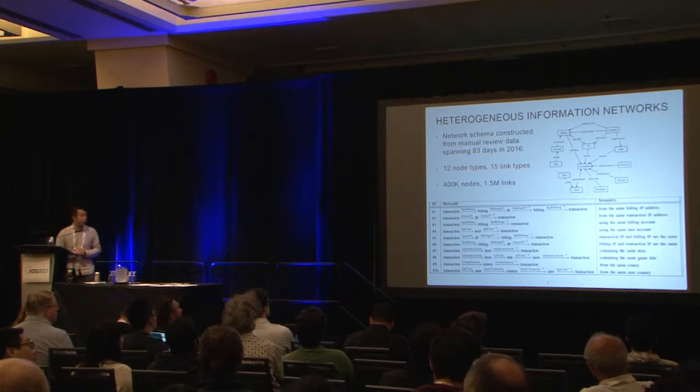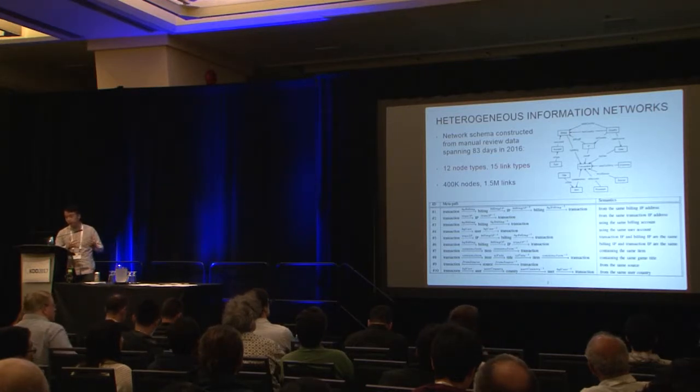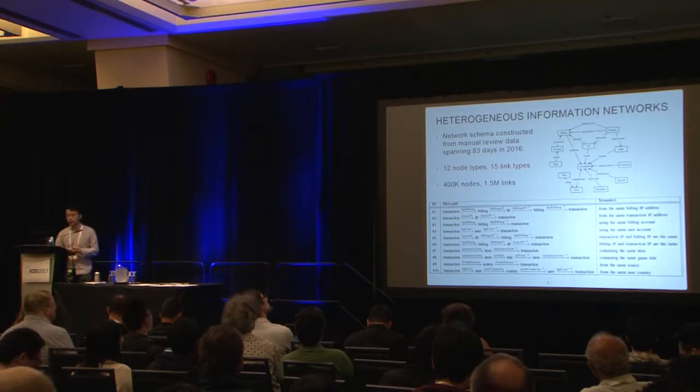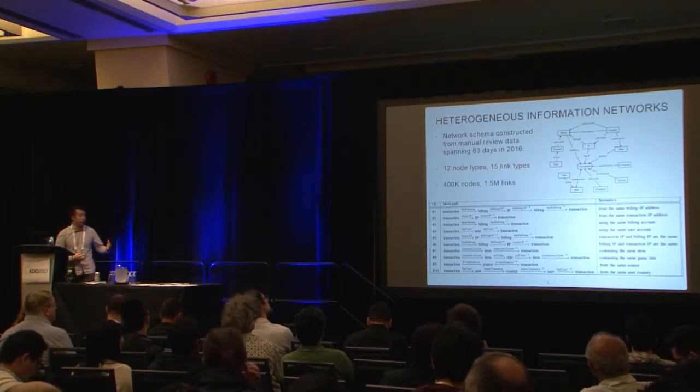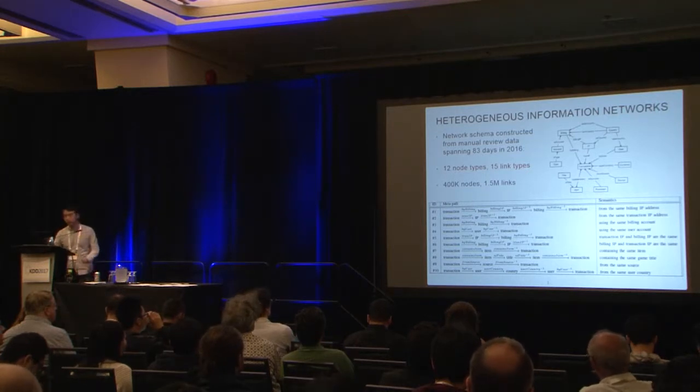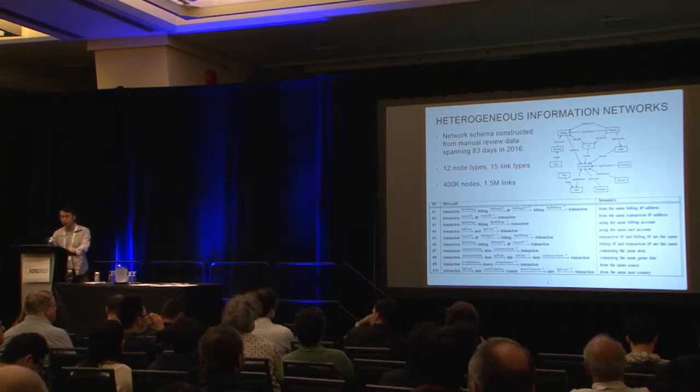In the first metapath shown in this table, these two transactions are connected if they are associated with the same billing IDs, and these two billing IDs are registered in the same IP address. So in this sense, we can connect these transactions together. Similarly, we can define similarity between transactions in other semantics. These are 10 different examples of metapaths we can extract from this schema in our data set.